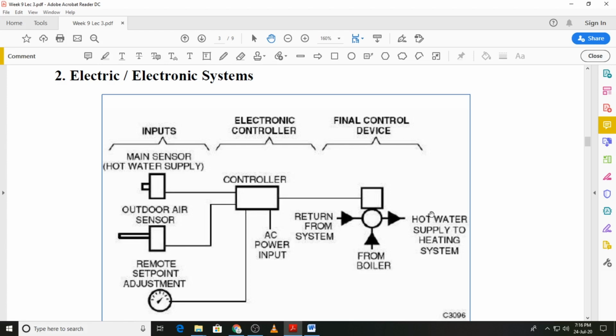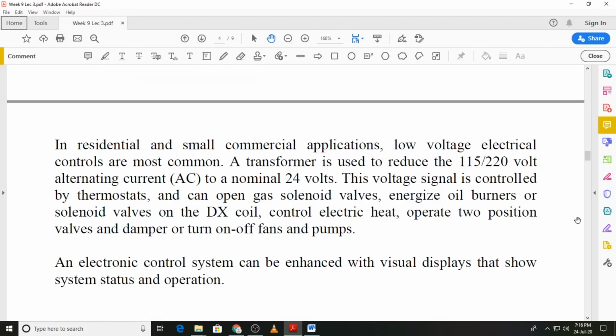So that valve will be operated through an electrical signal, and this is just a simple example of an electric or electronic system. A very common simple electrically operated device is the thermostat, which we find in our domestic refrigerators and air conditioners.